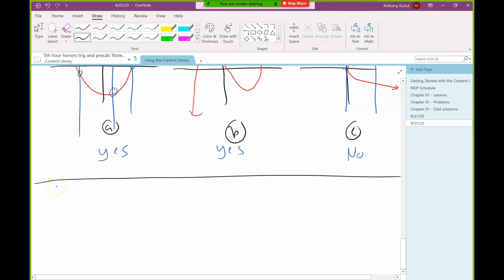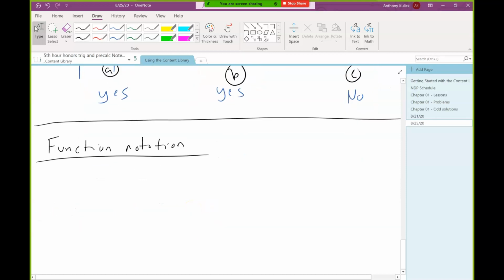So one way we can be more clear about that is using function notation. You guys remember what that is, right? Where instead of saying y equals, you say f of x equals.